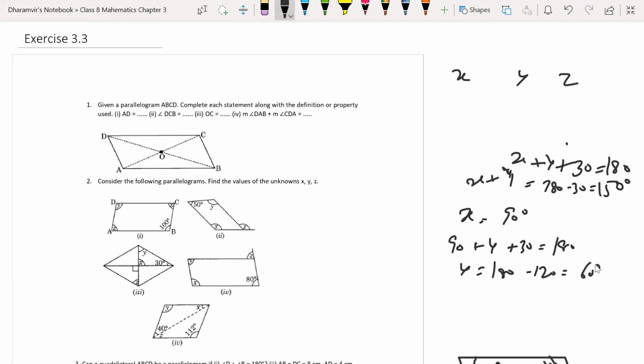Here z and y are the alternate interior angles. These are the alternate interior angles, and alternate interior angles are always equal.